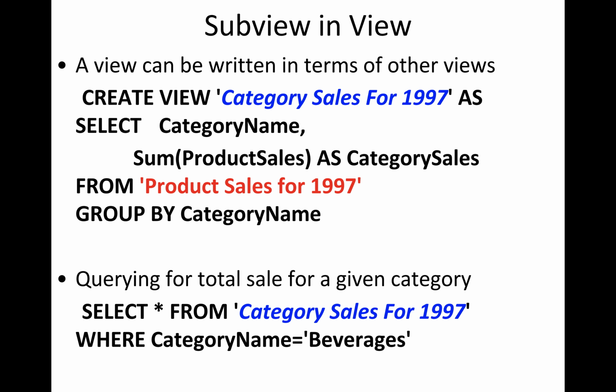Here's another one. Creating a view of category sales for 1997, where we have a select statement that is grouping all the category names, and then it aggregates the product sales and gives it a name, category sales, from product sales for 1997. Do we have that?